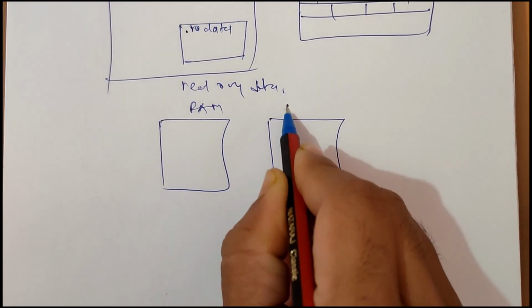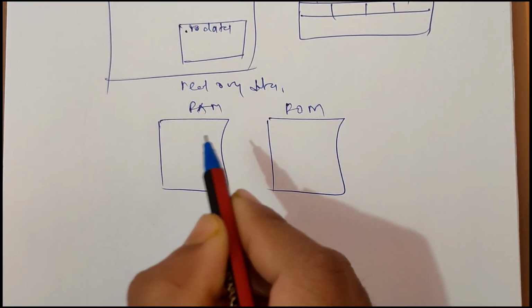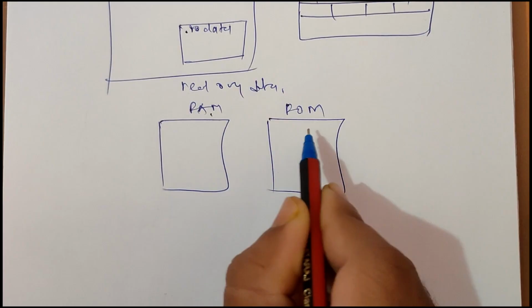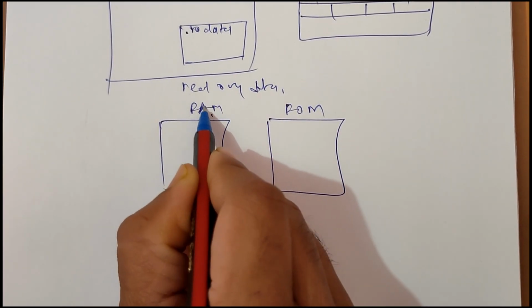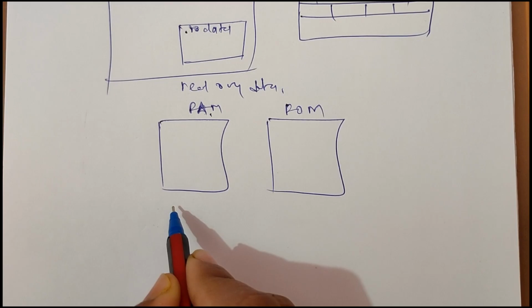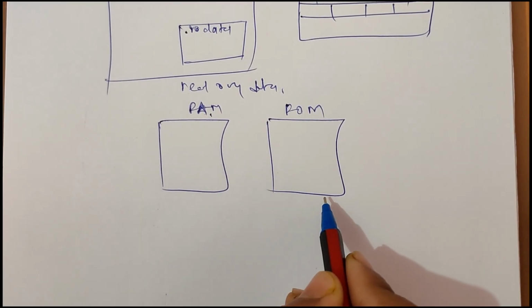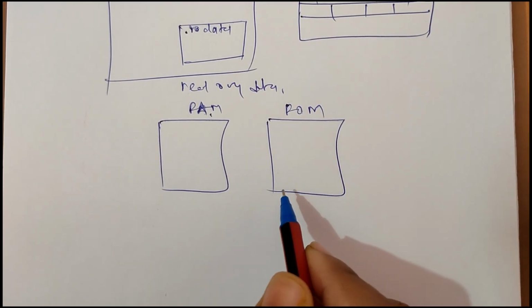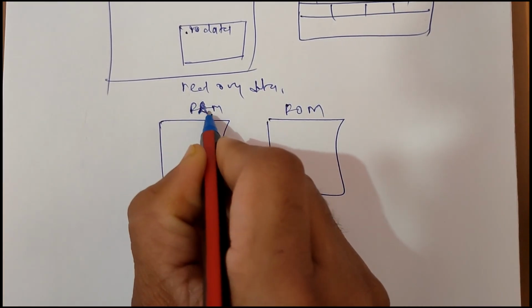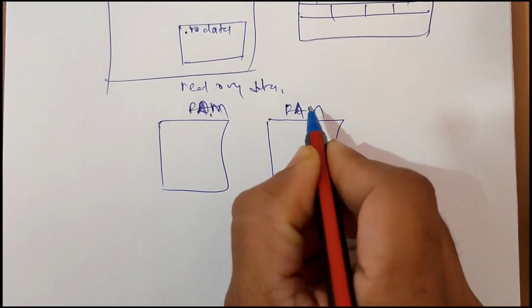Think about where this dot data section should be located, because we have RAM and ROM. RAM is volatile memory and ROM is non-volatile; you know the basic difference between non-volatile and volatile. I am writing ROM and RAM here.